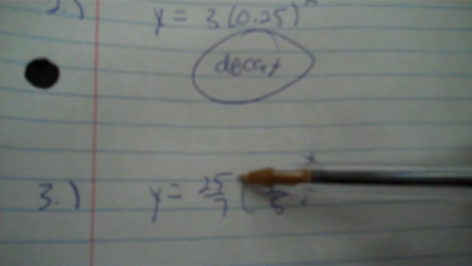Now we're going to take 25 over 7 times 7 fifths to the first power. Actually, I don't even know if you need the parentheses. 25 divided by 7, parentheses, 7 divided by 5 to the power of 1. I don't think you'll need it.